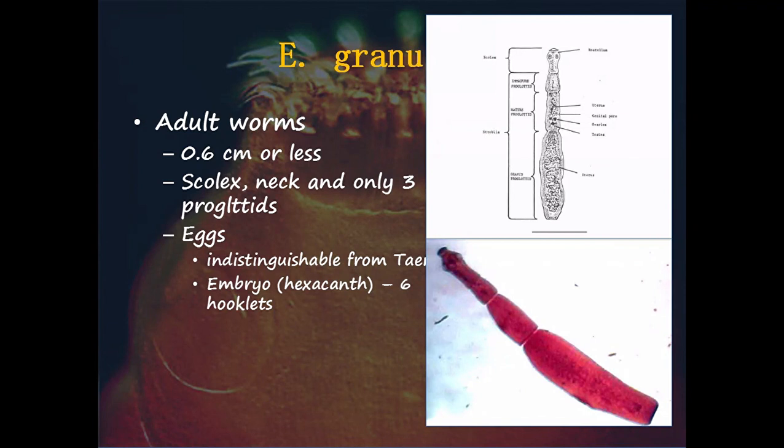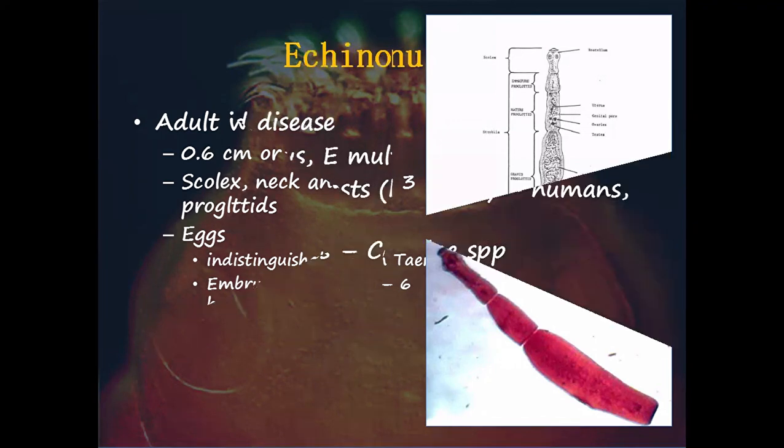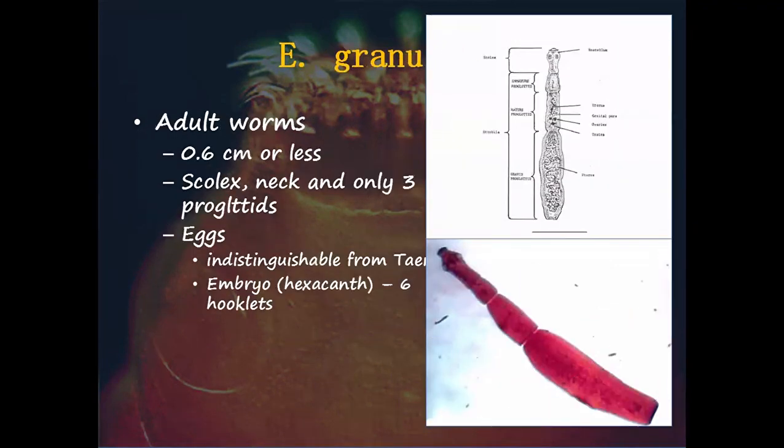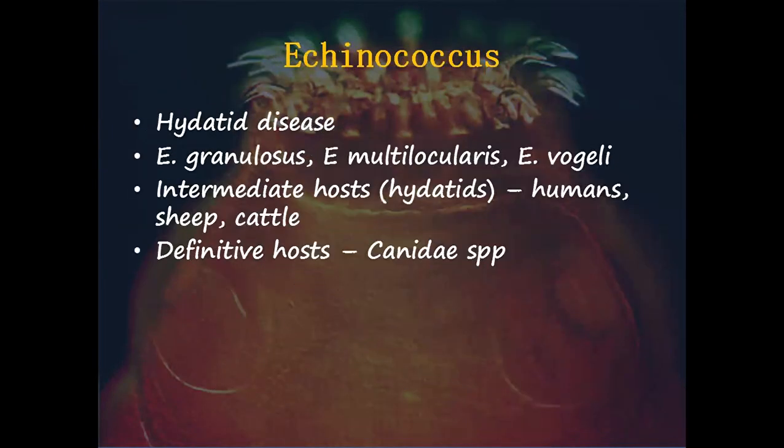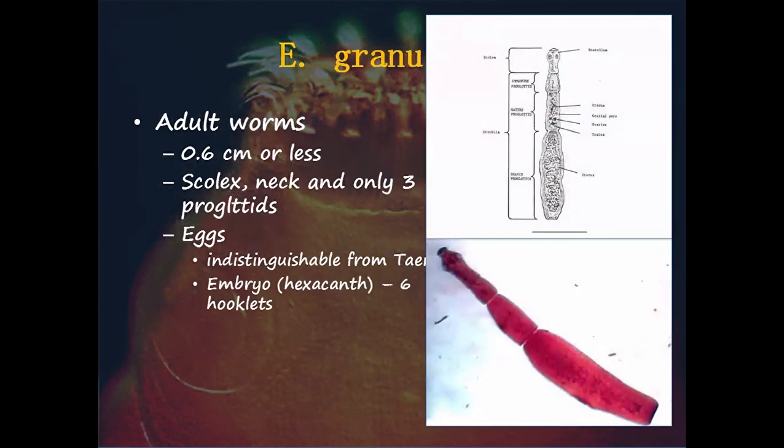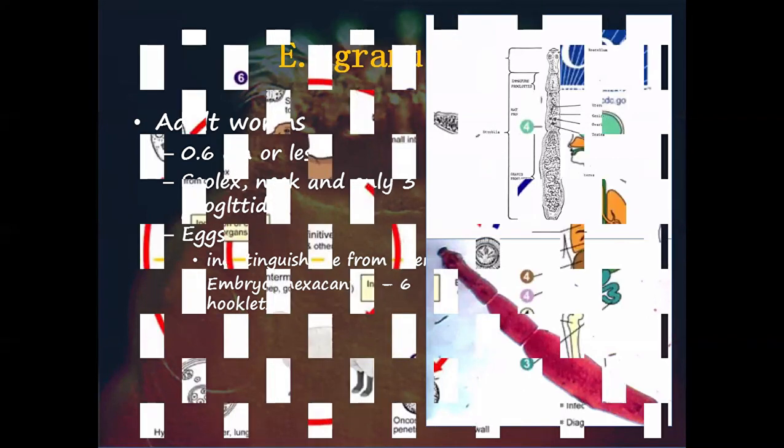It's only composed of a scolex, a very short neck, and 3 proglottids: a mature, an immature, and a gravid proglottid. Okay. The eggs of E. granulosus are indistinguishable from Taenia species, and it also has 6 hooklets, so almost the same.